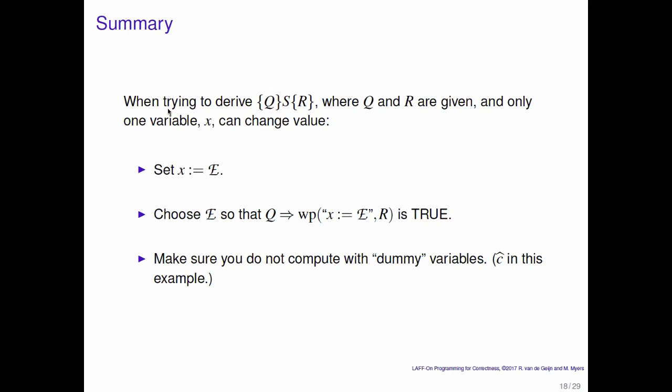And along the way, if you end up computing with what I call a dummy variable, something that denotes original contents, then you need to somehow find a way to use a value that actually is stored, as opposed to this value that's only introduced for the sake of reasoning about the program.